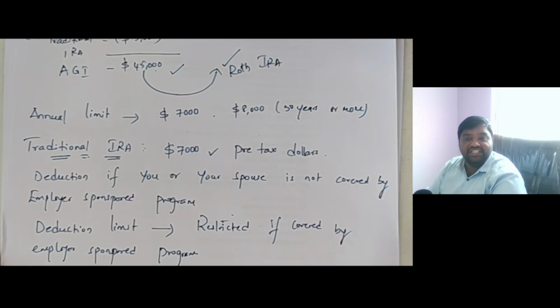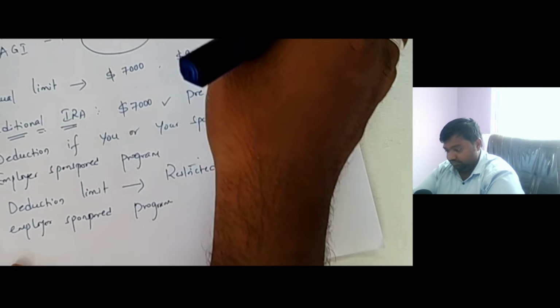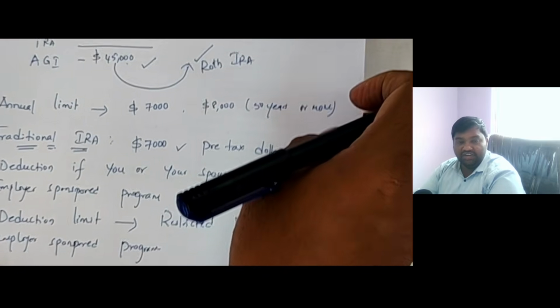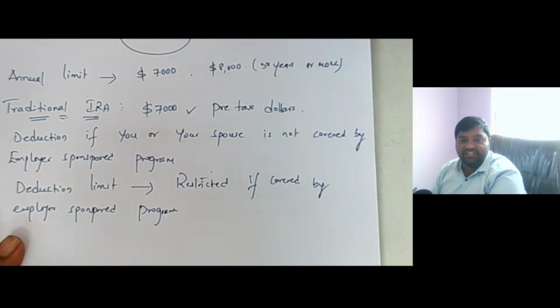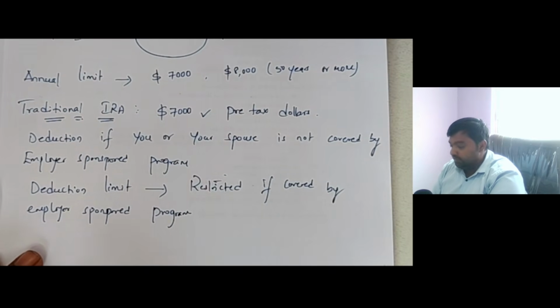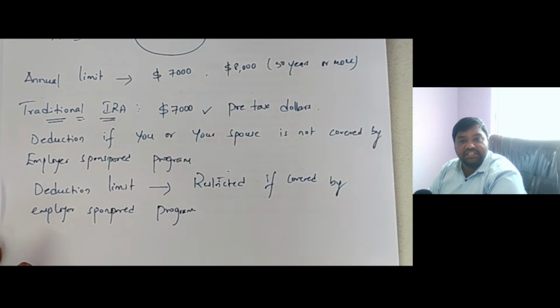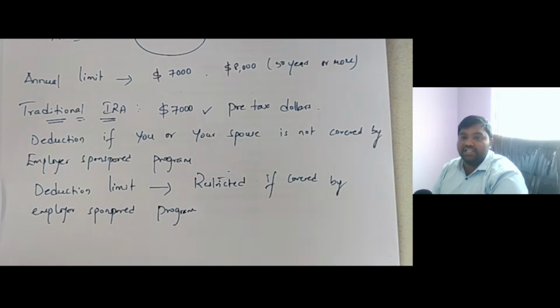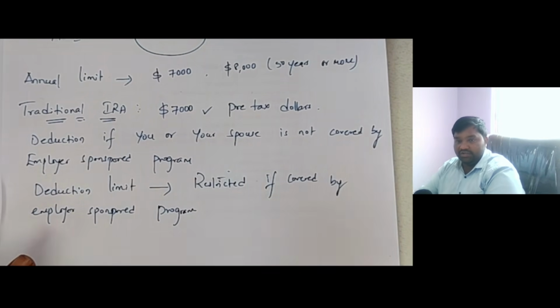How much is the restriction, we'll see now. Even if one spouse, let's say you are filing a joint return with your spouse, is covered by an employer-sponsored program, then the deduction limit is restricted. Deduction, this is the above-the-line adjustment. Okay, remember that.